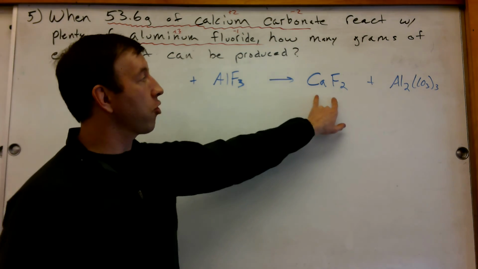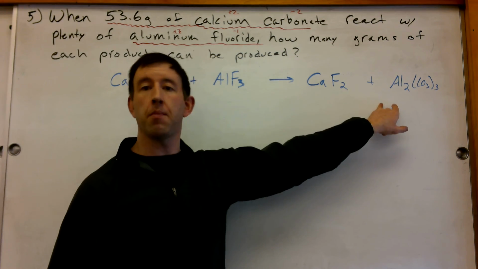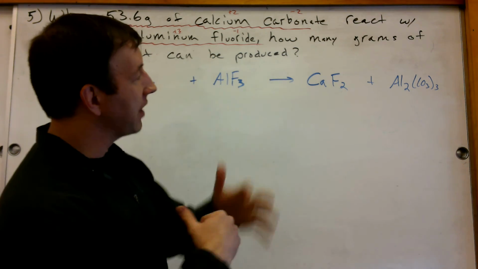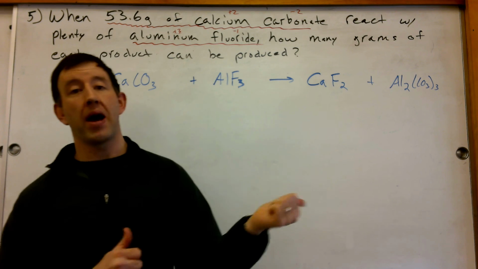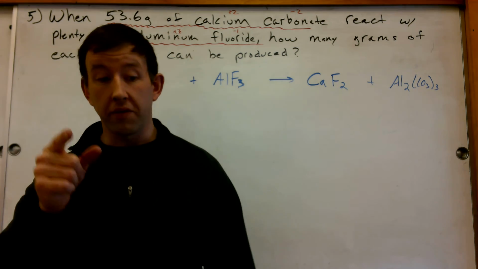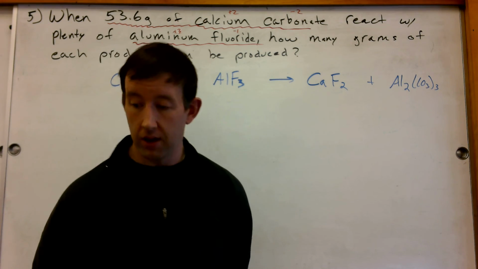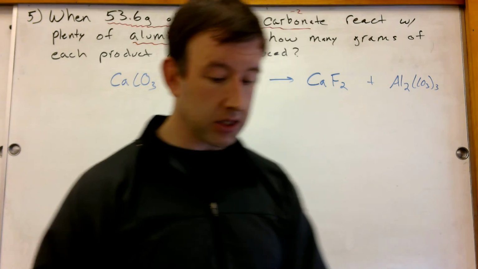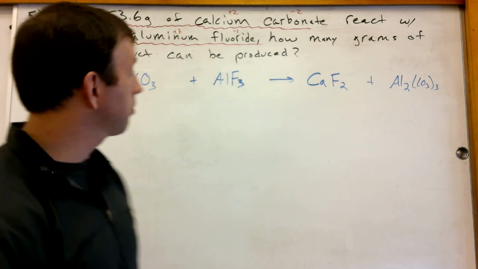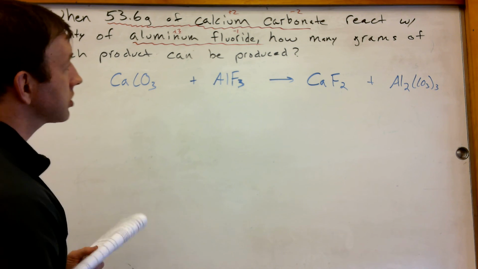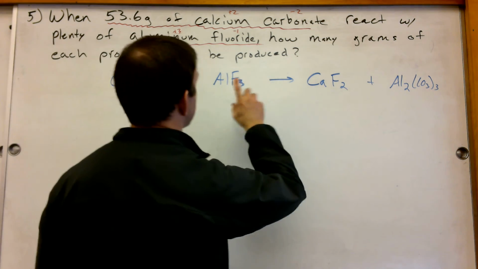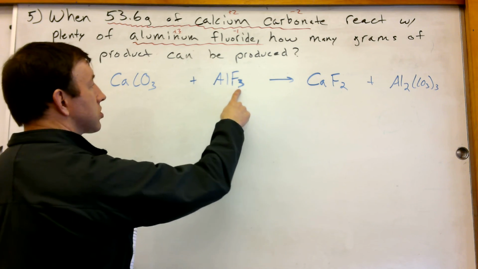These are the correct formulas to make neutral compounds. Because my subscripts don't look the same on both sides, I have to go back and use coefficients to balance this out. In this particular problem, I have to look at what's out of balance. I notice right here, I've got 2 fluorines versus 3.